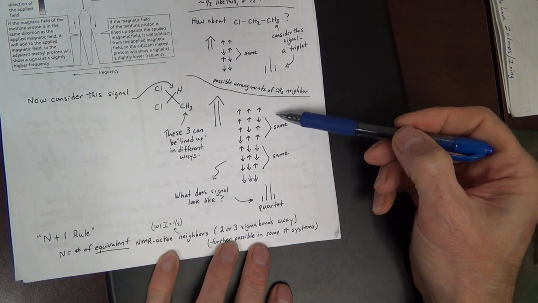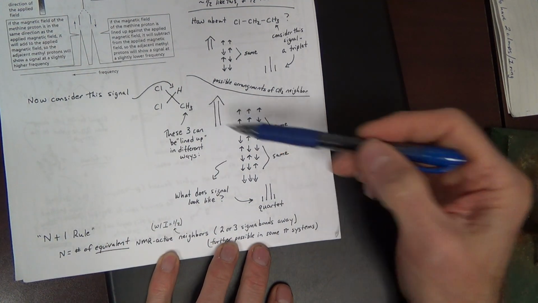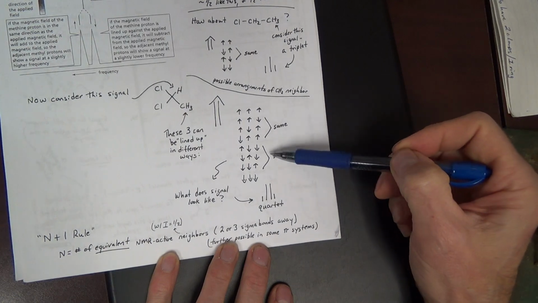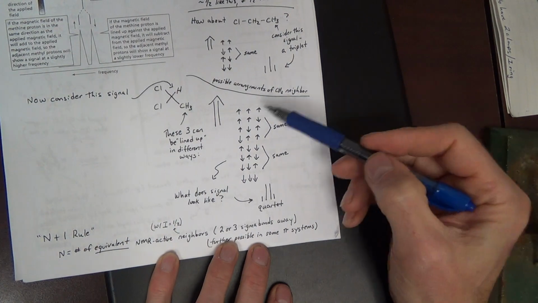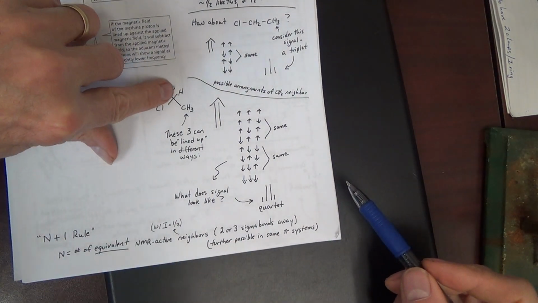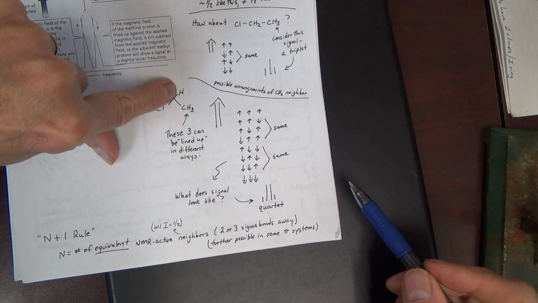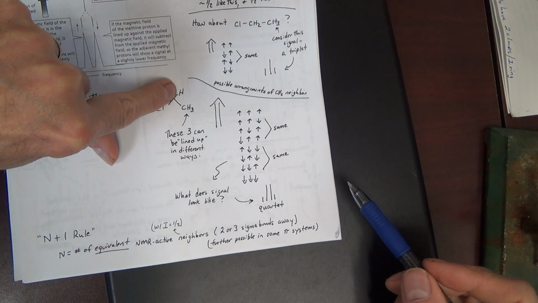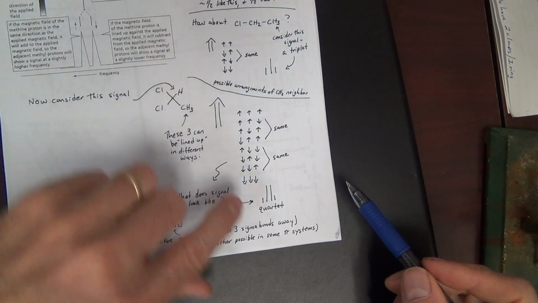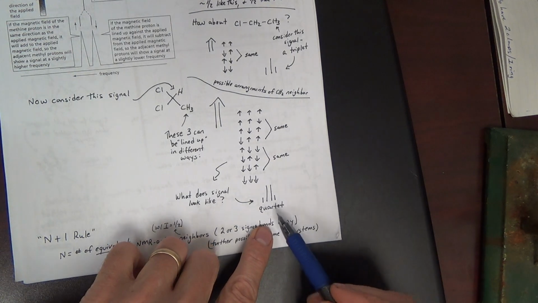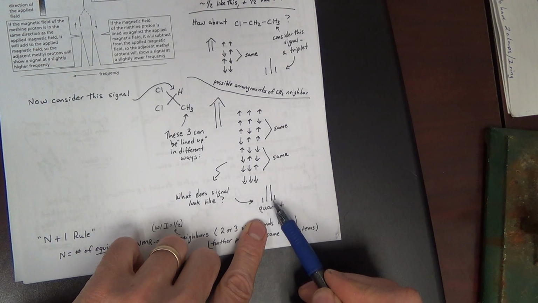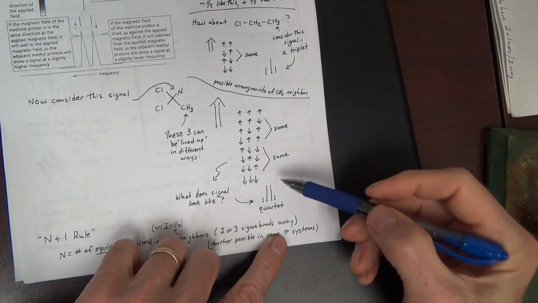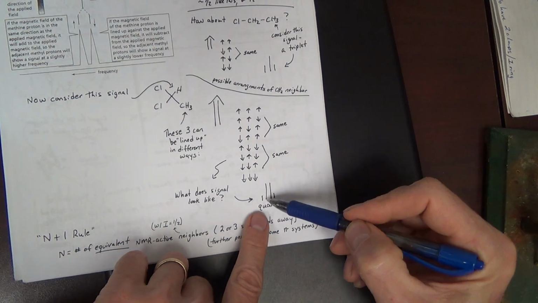Ultimately, there are 4 different scenarios that are possible for the neighbors here. Boom, boom, boom, and boom. This leads to 4 different B effectives that this H sees. This leads to the signal really being 4 signals or 4 lines. But again, we don't call it 4 signals. We call it 1 signal, but it's a quartet, 4 lines.